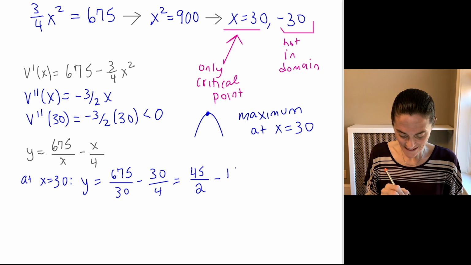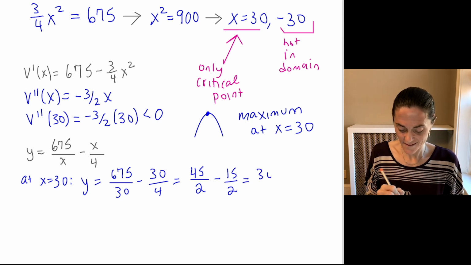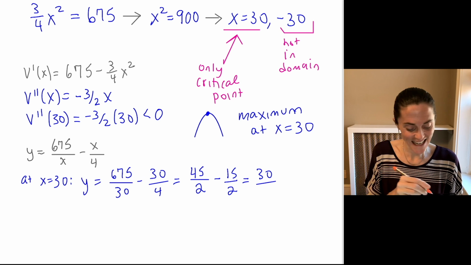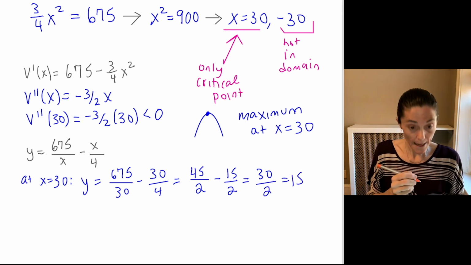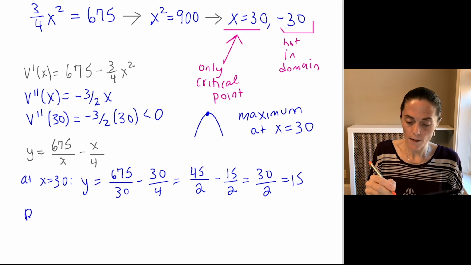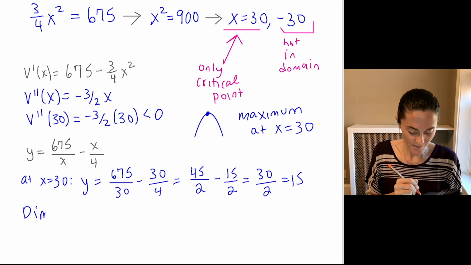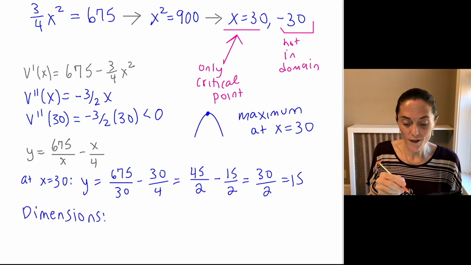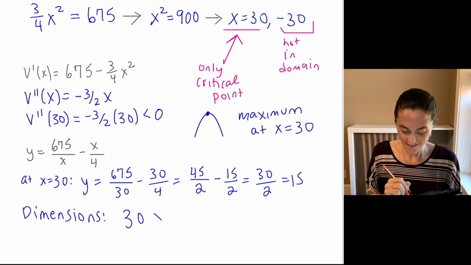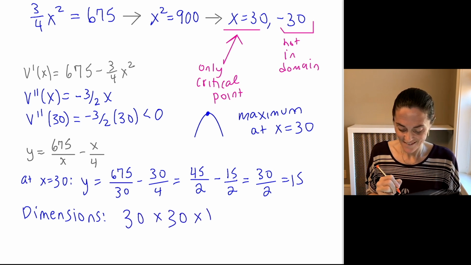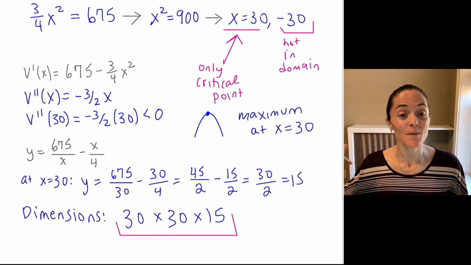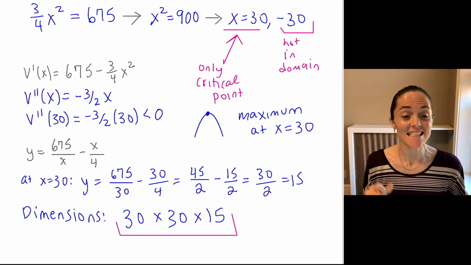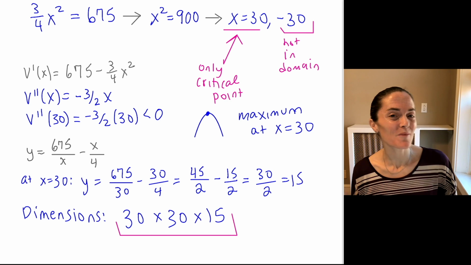So this is minus 15 over 2. We are left with 30 over 2, and this is an integer. This is 15. So the dimensions, maybe I'll do this here and underline the dimensions. We have 30 by 30 by 15. This will give us the maximum volume subject to this fixed amount of cardboard.